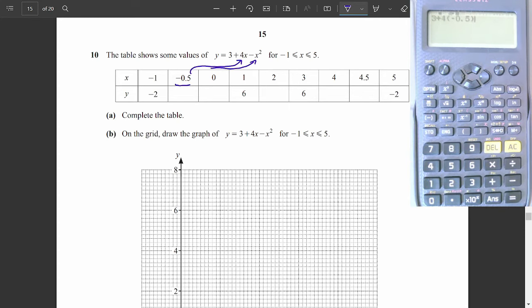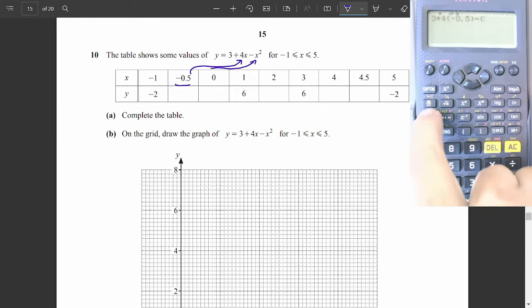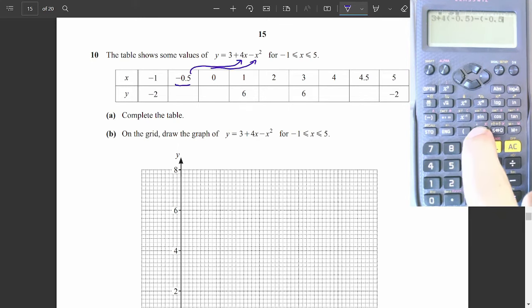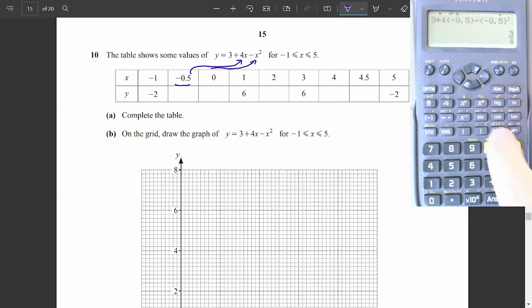Using brackets is the safest. Bracket -0.5, close bracket, square. Make sure that you square that negative there, which gives us the first value, 3/4 or 0.75, whichever one you prefer.